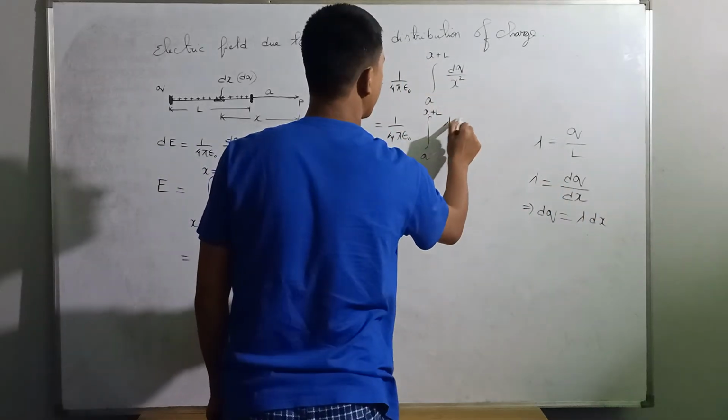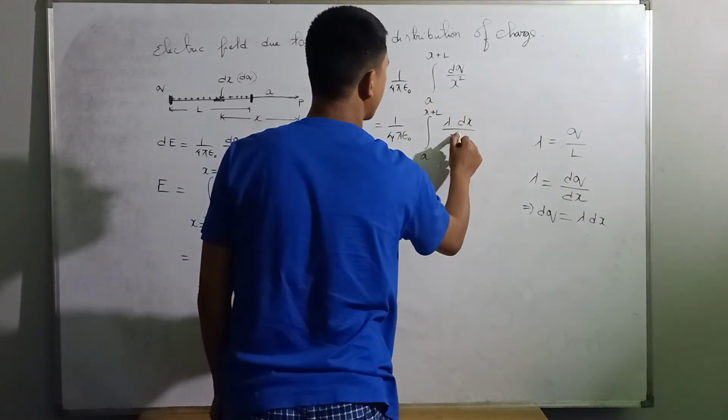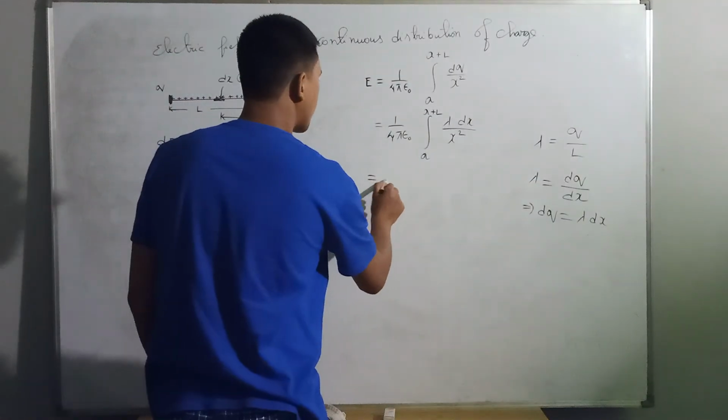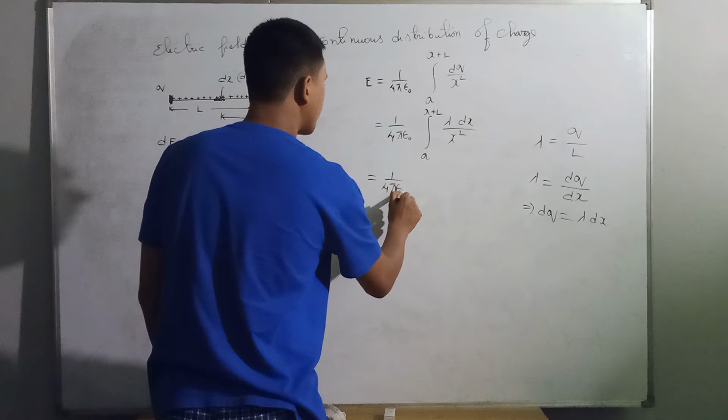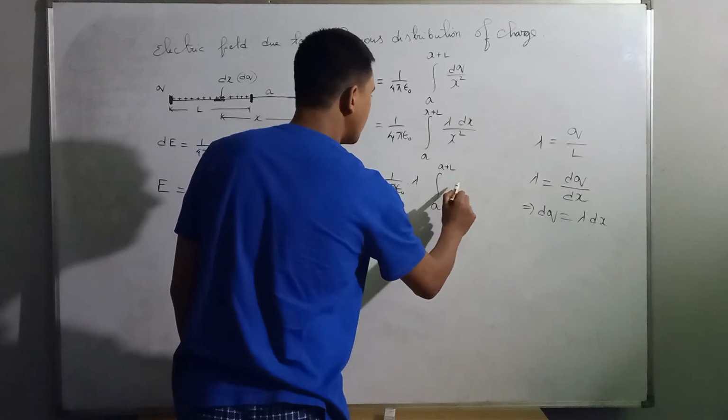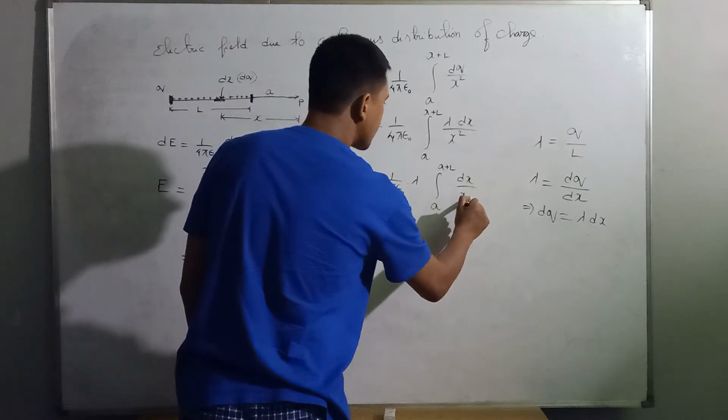So dq will become lambda dx upon x squared. Lambda is independent of x, so I can write 1 by 4 pi epsilon naught times lambda, integration A to A plus L dx upon x squared.